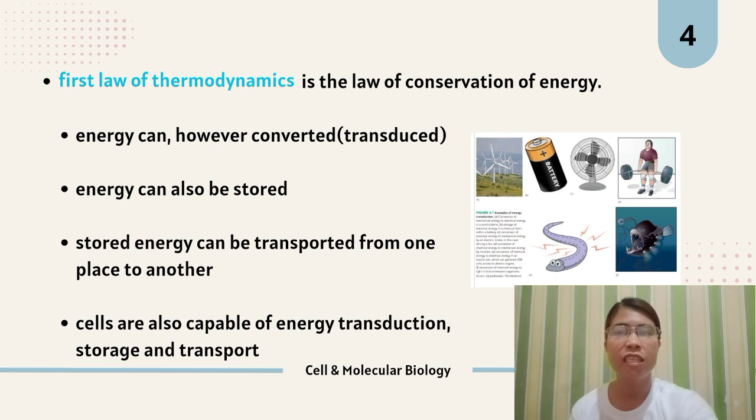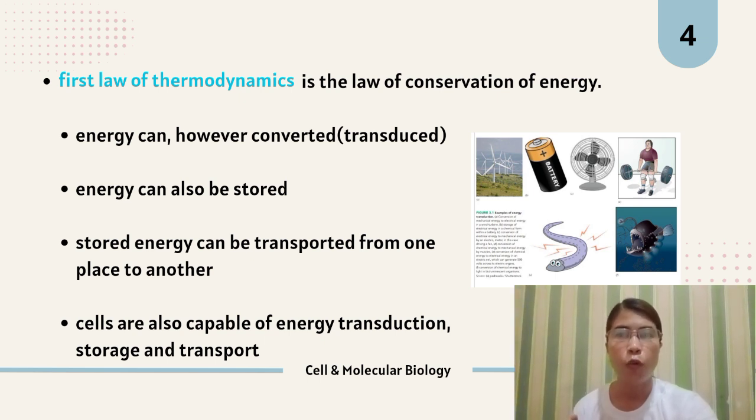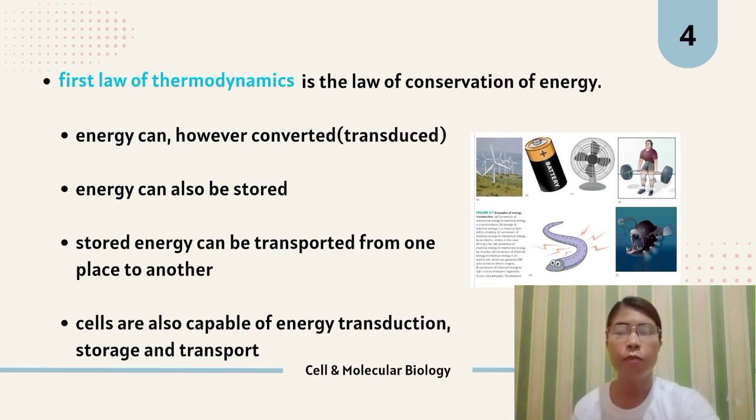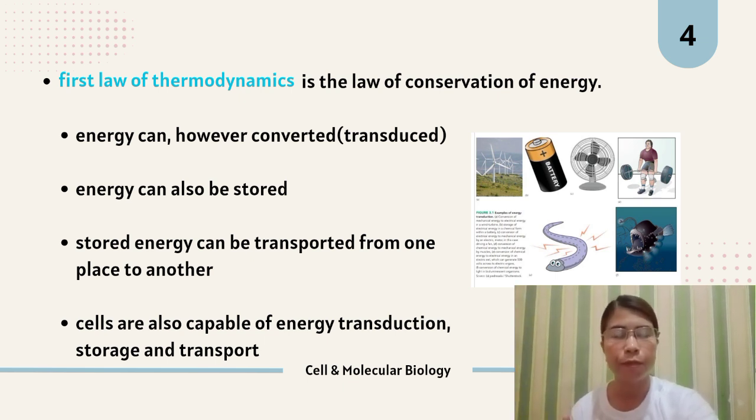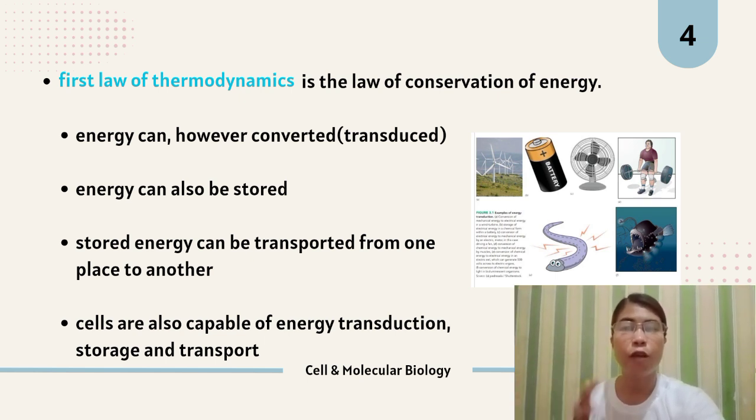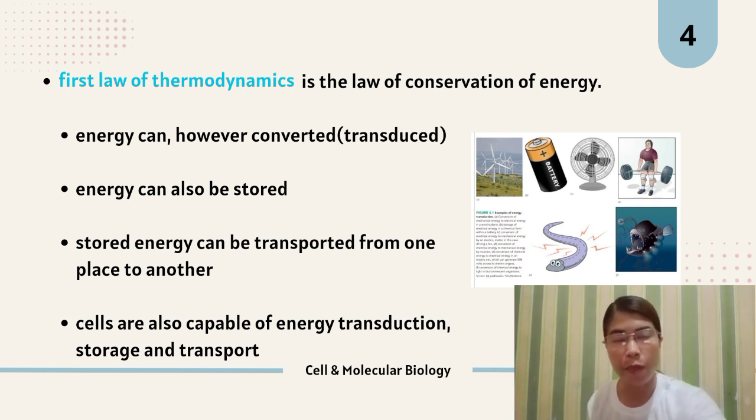So, makikita natin dyan mga example ng transduction of energy. Una na dyan ay yung windmill. 'Di ba yung windmill ay pinapagana ng wind. So pag umikot na yung blades ng windmill, meron na siyang mechanical energy kasi meron na siyang movement.